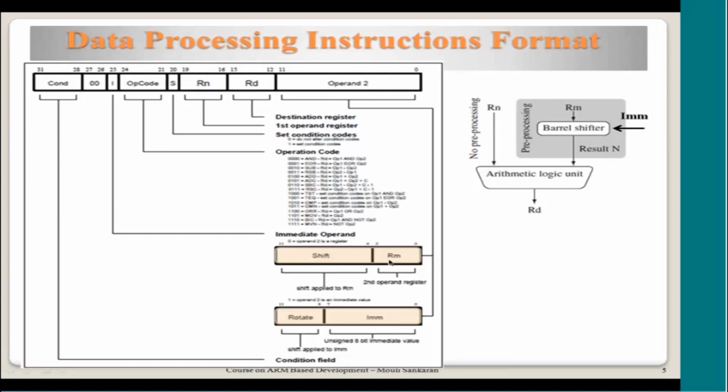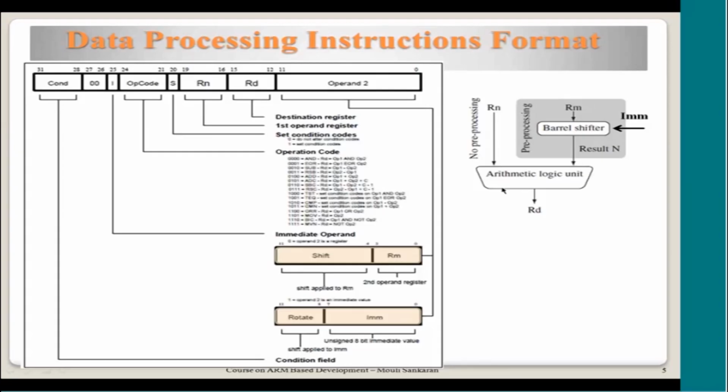So how many registers do we have in the ARM processor? 16 registers. So it could be interpreted as 0000 to four ones, so 0 up to 15. Based on this number, it will pick up R0, R1, R2 or R15, whichever is mentioned here. Now what is Rm? Rm is the second operand to the ALU.